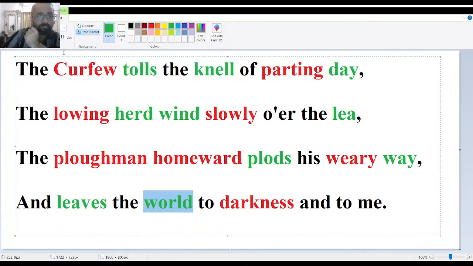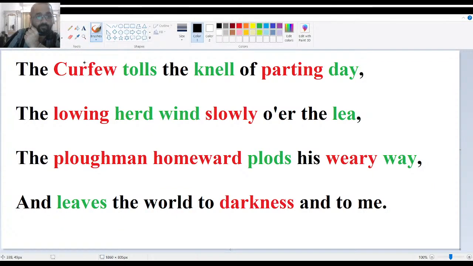And now let's put the stress marks. So in the word curfew, where do you put the stress? You put it on U. It's curfew. Tolls, knell.